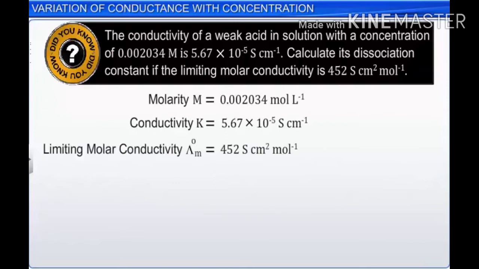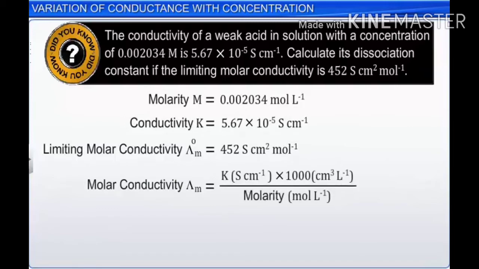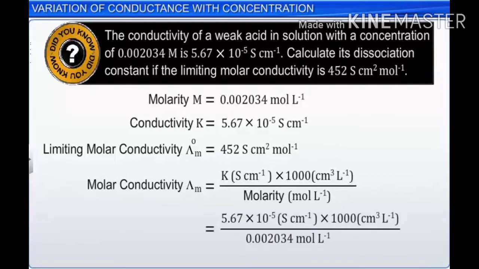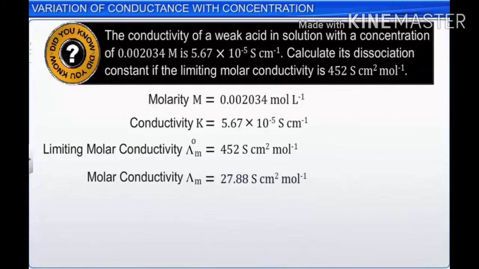First, find the molar conductivity using the equation you learned earlier. On substituting the values, we get the molar conductivity as 27.88 Siemens centimeter square per mole. Now, you can find the degree of dissociation for this weak acid, since you know that alpha, the degree of dissociation, is the ratio of molar conductivity and limiting molar conductivity.